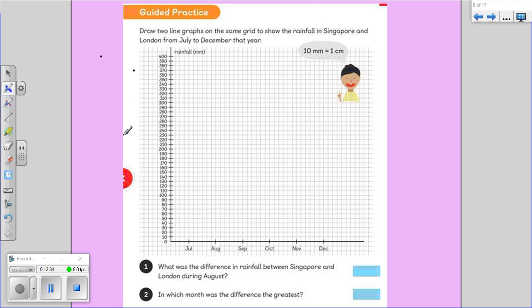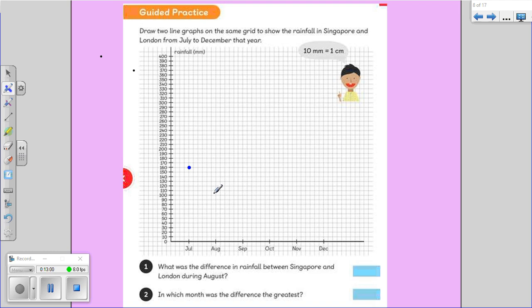So we need to put both measurements for millimetres, not centimetres. So for July, Singapore had 160 millimetres. So I can follow that line all the way up until I get to 160, and I can plot that point there. And for August, it is 120.